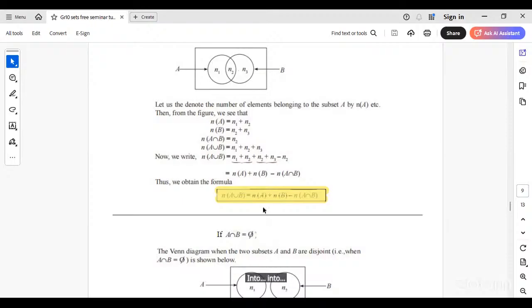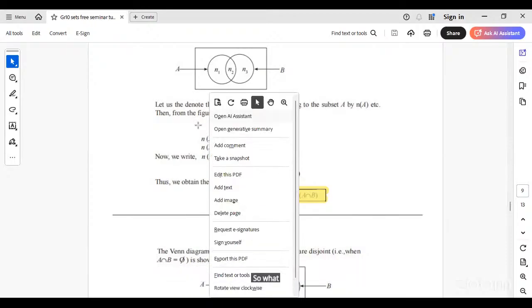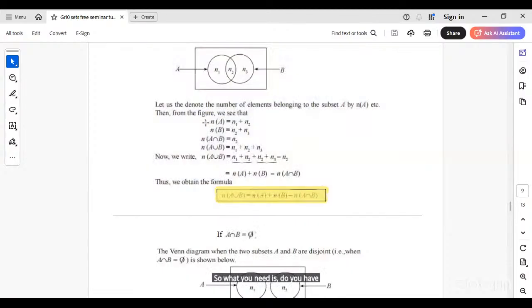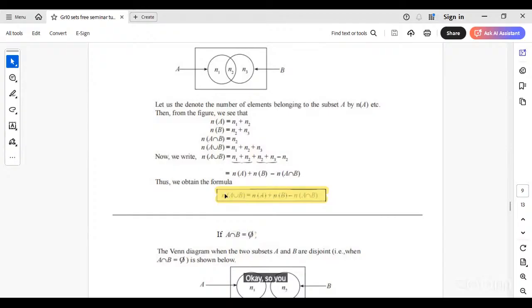You find that by adding the number of elements of A, that is N1 plus N2, then plus NB, that is N2 and N3, minus N(A intersecting B), which is this part, N2.